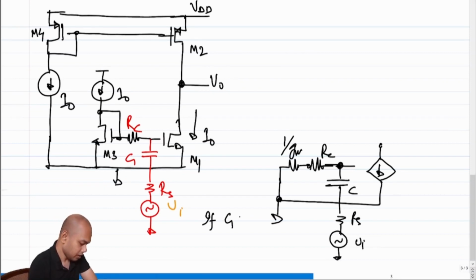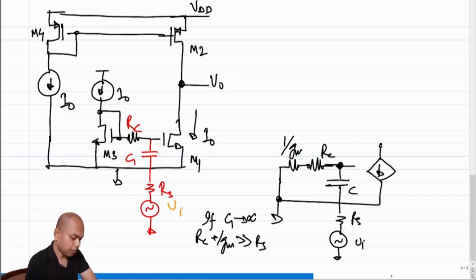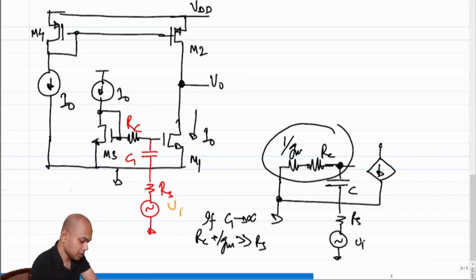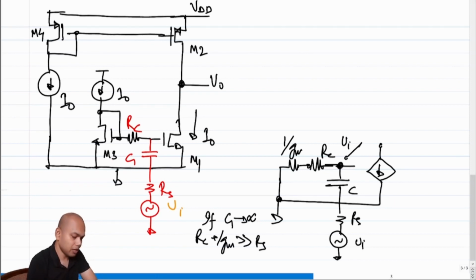So if C1 tends to infinity, and RC plus 1 over GM is much greater than RS, then what can we do? We can infer that this guy does not load Vi, so that contraption gives you effectively infinite impedance. And C is a short circuit, which means this voltage here is approximately Vi.